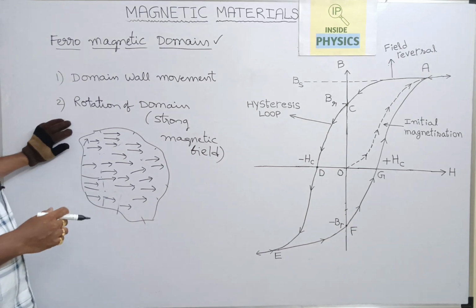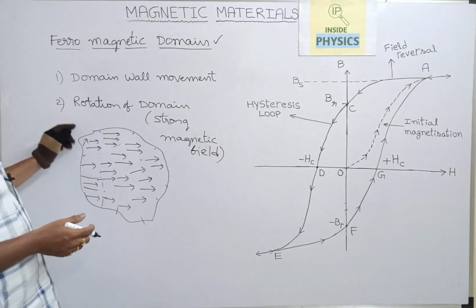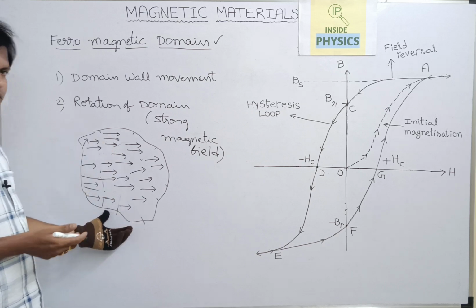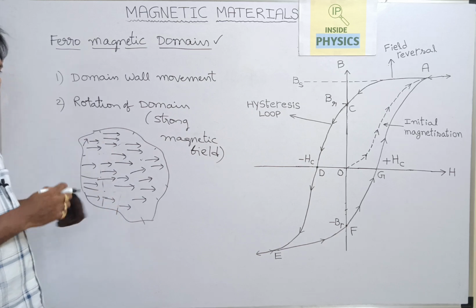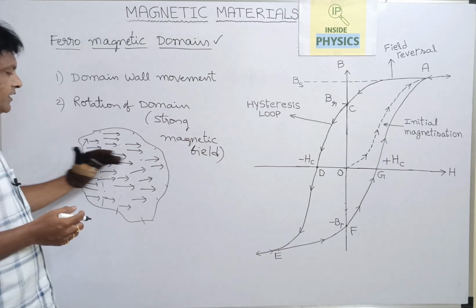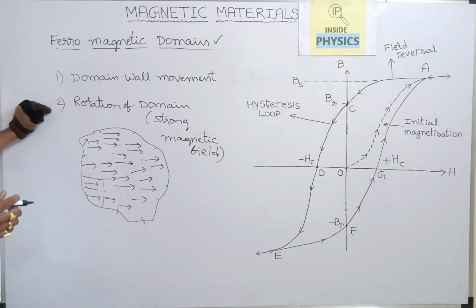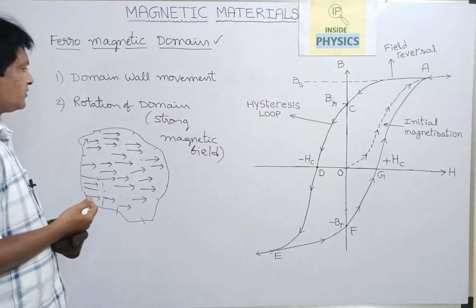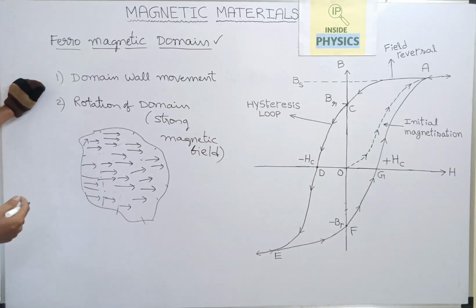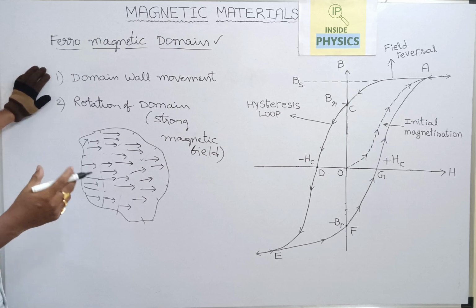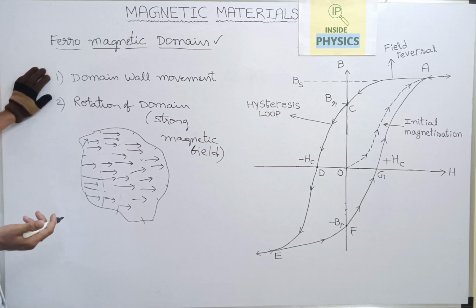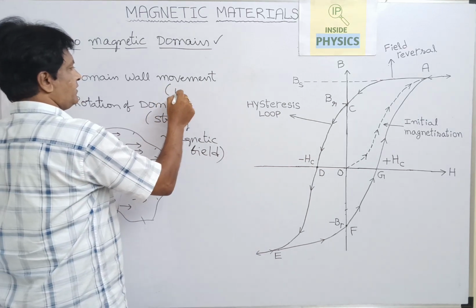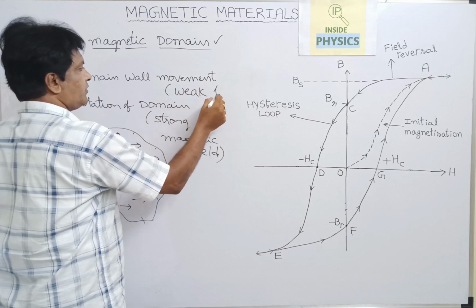The process of magnetization is very instantaneous, the orientation of all the domains is very instantaneous, and the magnetization percentage also increases. That means the net magnetic dipole moment is also increased considerably. So these are the two processes where the domain wall movement or the orientation of domains occurs based on the field strength we have applied. Domain wall movement happens in a weak field, as I already told you.